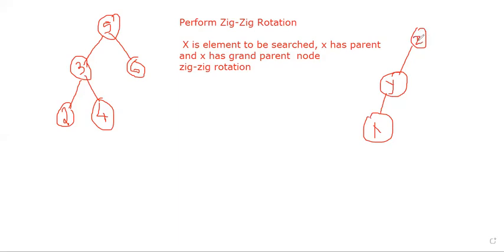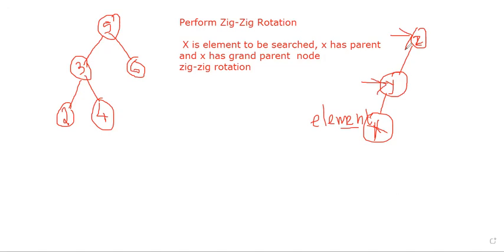Here x is the element you want to search, and x has a parent. For this element x, we got y as the parent. So this is the parent, and then z is the grandparent.